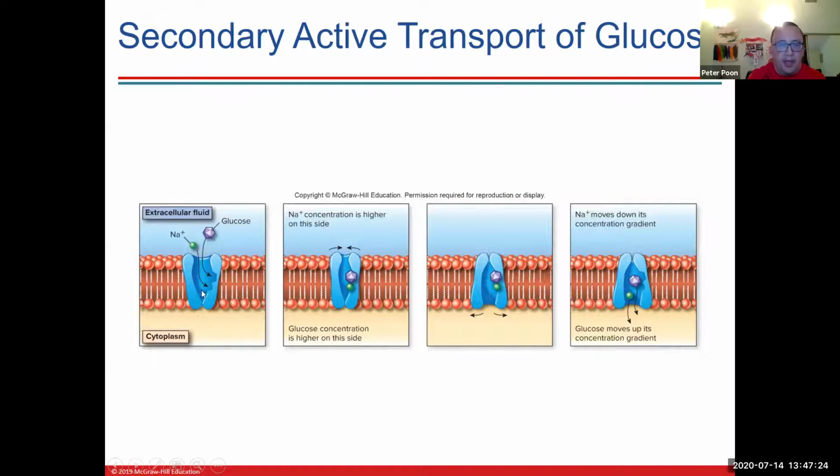The sodium wants to come in, I use it to bring a glucose along with it. So, secondary active transport of glucose. I am not using any ATP here, so you don't see any ATP here, but I use ATP to get the sodium out of the cell in the first place. So it actually costs me energy for secondary active transport of glucose.